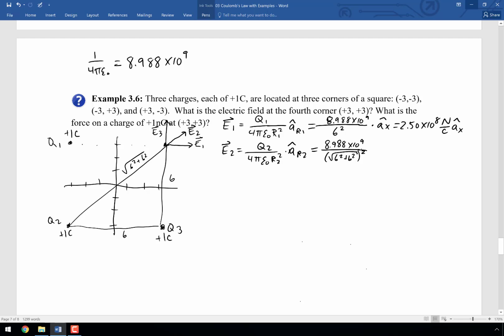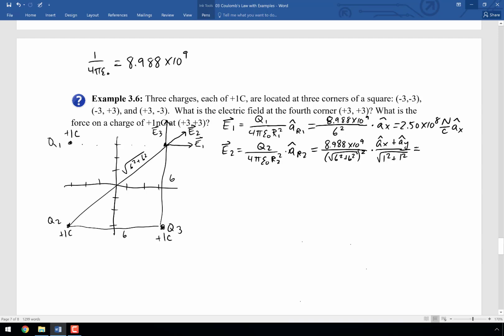E sub 2 is q sub 2 divided by 4 pi epsilon 0 r2 squared times a sub r2. Now q2 is still 1 coulomb. The 1 over 4 pi epsilon 0, that's still going to be 8.988 times 10 to the 9th. What is r sub 2?